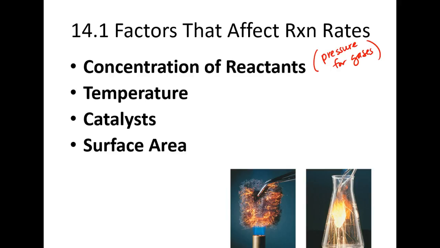And then something like surface area provides more sites for those reactants to actually interact with each other. So if I think about sugar, doing a reaction with sugar, I could consider sugar cubes versus granulated sugar versus powdered sugar. And the powdered sugar would be likely to have the fastest reaction rate since there would be more contact with that sugar with whatever the other reactant might be. So that's a quick recap of things we've probably talked about in other science courses.